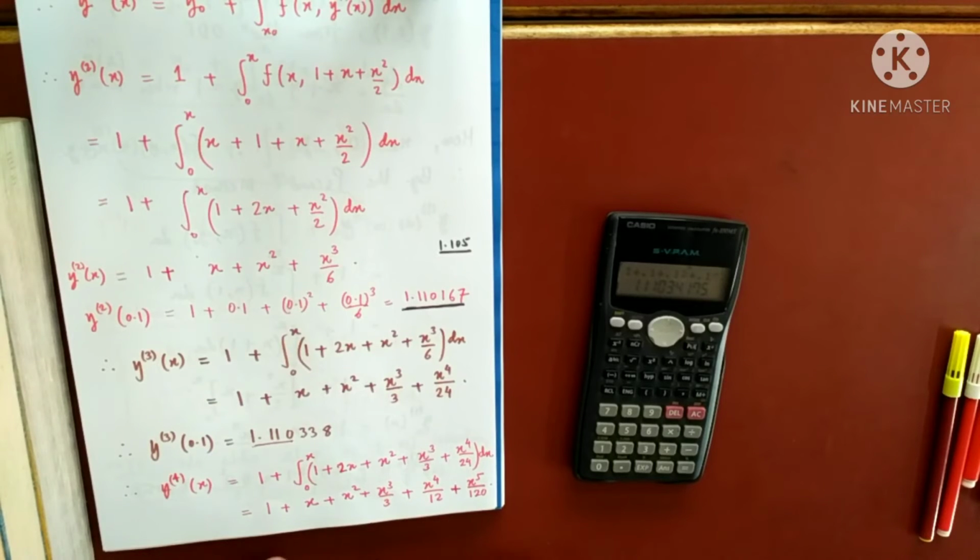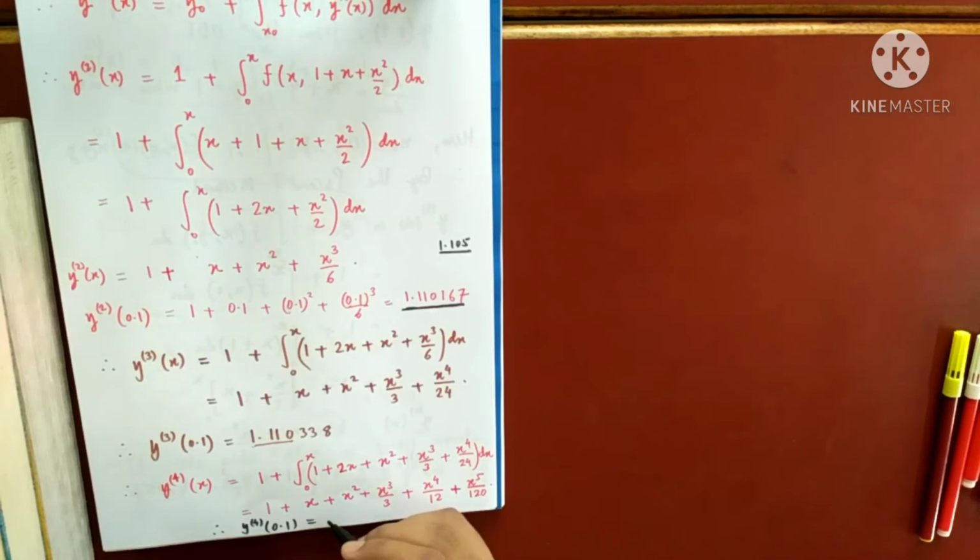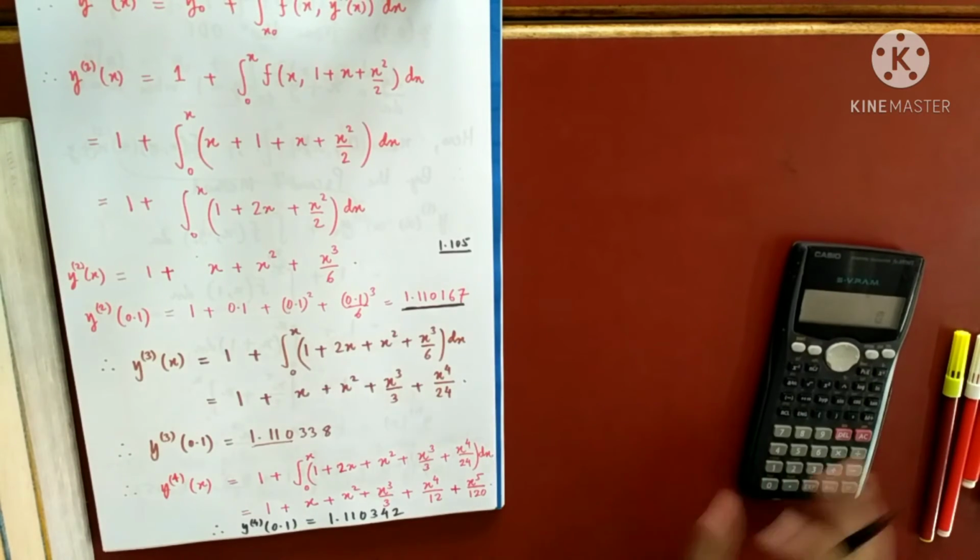I will try to fit it here itself so that it will be easier to compare. So y, the fourth iteration at the point 0.1, is coming as 1.11034.2.